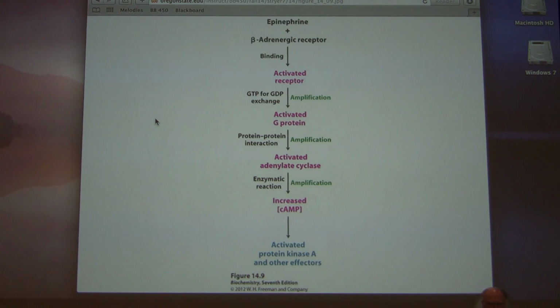All right. The overall epinephrine signaling pathway looks like this in words compared to what you saw in the schematic diagram. I don't care how you learn that. I find the figure a little more helpful. But you notice that there are several levels of amplification, and these amplifications happen through the synthesis of molecules or the activation of enzymes, so that at each level we get an increase in the amount of signal.